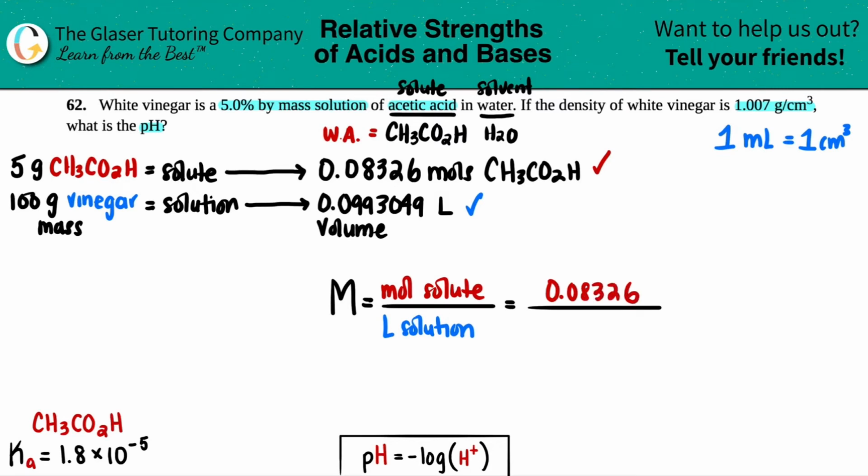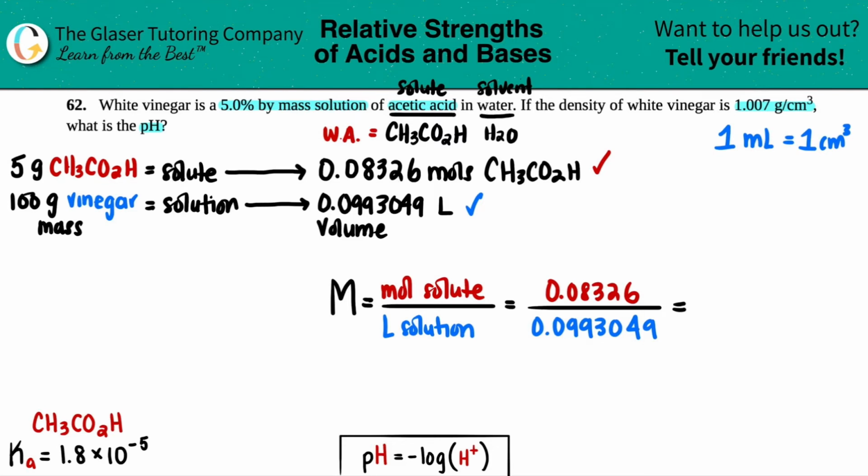And the liters is the 0.0993049. Let's figure that out. And now that will be the molarity of our acetic acid, because whenever you're finding a molarity, you're finding it for the solute. So in this case, it would be the molarity of the acetic acid.